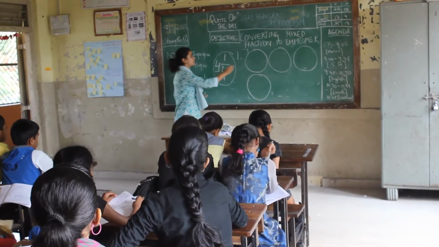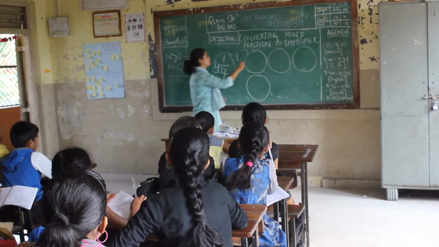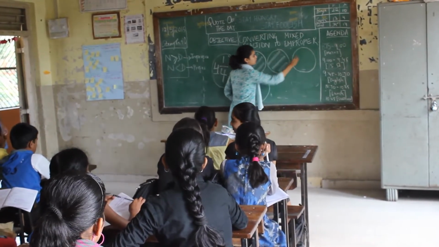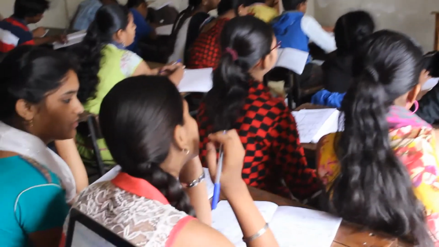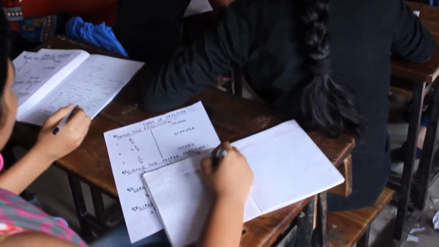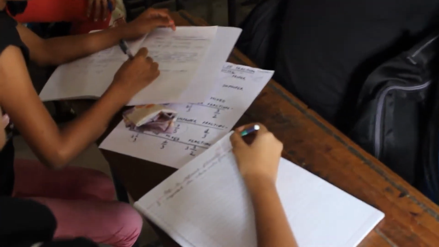Okay. So my first step, has everyone written the first step? Yes. Is representing the whole number part pictorially. That's all you have to do.